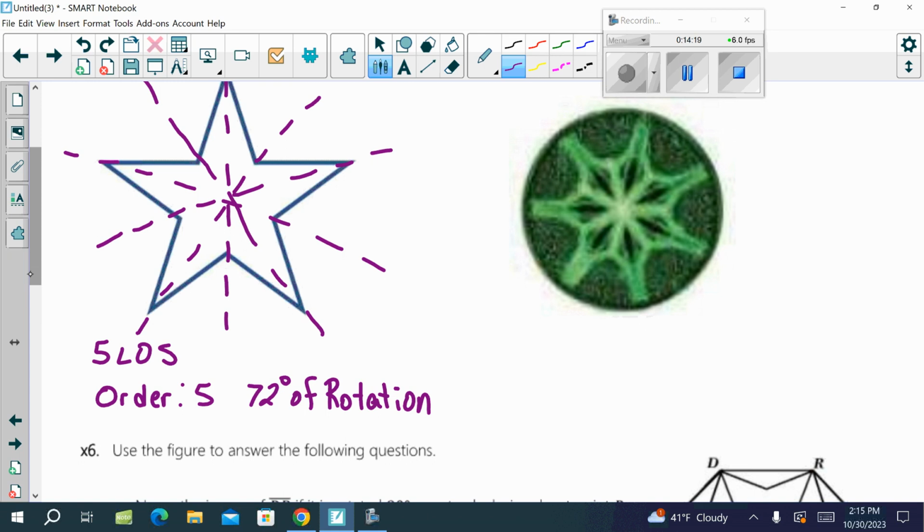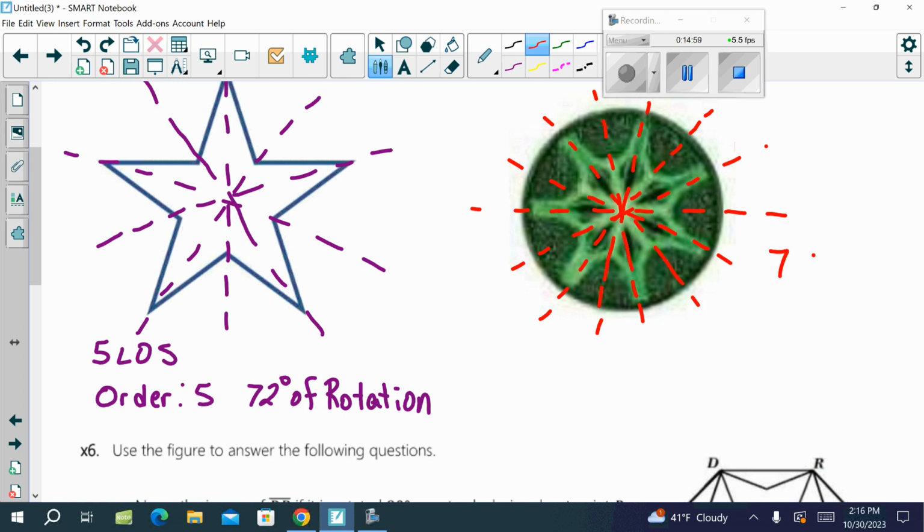All right, what about this little green weird cell looking thing? 7 lines? 1, 2, 3, 4, 5, 6, 7. Yep. So one through every spoke. Did I get them all? Nope, I missed one. No, I got them all.